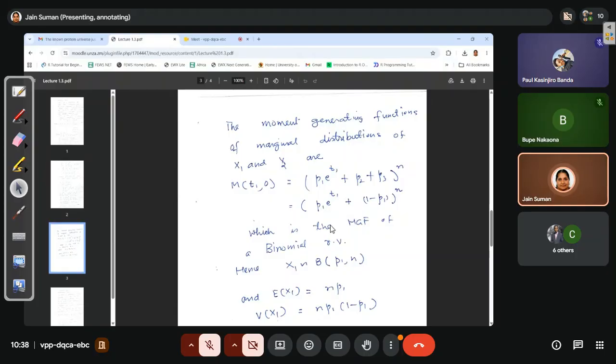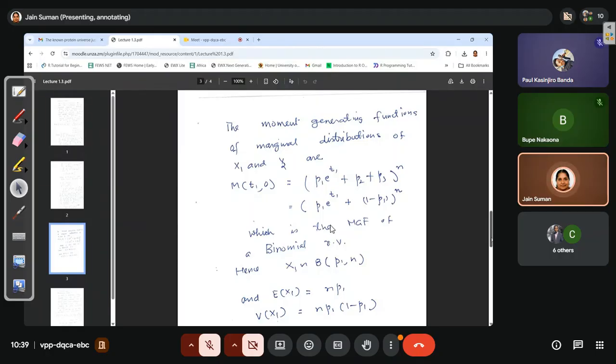So first I put here t2 as 0, so it reduces to that, which is the MGF of a binomial random variable. Do you recognize it? You have done the MGF of a binomial random variable earlier in your third year course, and match this one with what we have found here, and the conclusion is this.